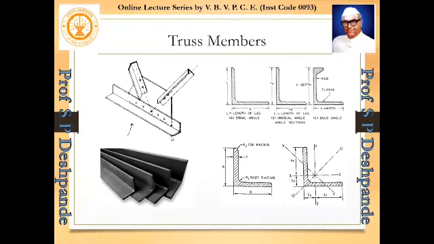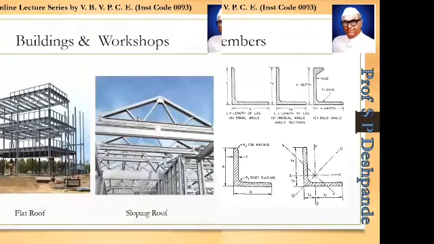Okay, and when we use it in the structure, this is how we are going to use it. As you can see, this is the angle. This is a part of a truss. So this is the bottom part, right? This is called the tie member, and these are the other components, maybe tension member, compression member, whatever it is.